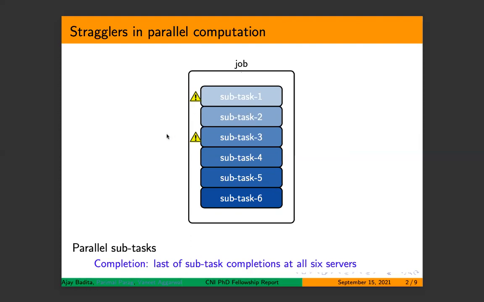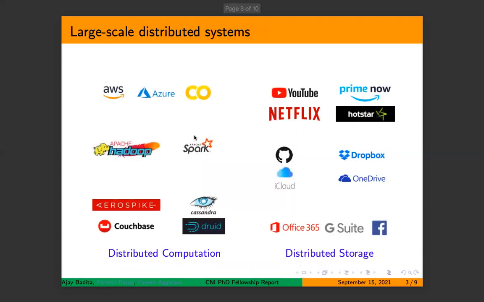When a job is divided into six subtasks and each is assigned to a unique server, the completion time of the job is the largest completion time among all six servers. The problem with this setup is that the slowest subtasks determine the job execution time, and these slowest subtasks are called stragglers. Some examples of use cases are here.